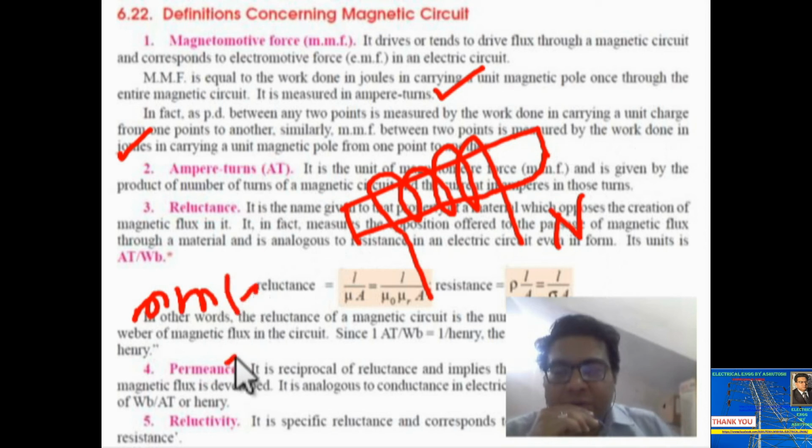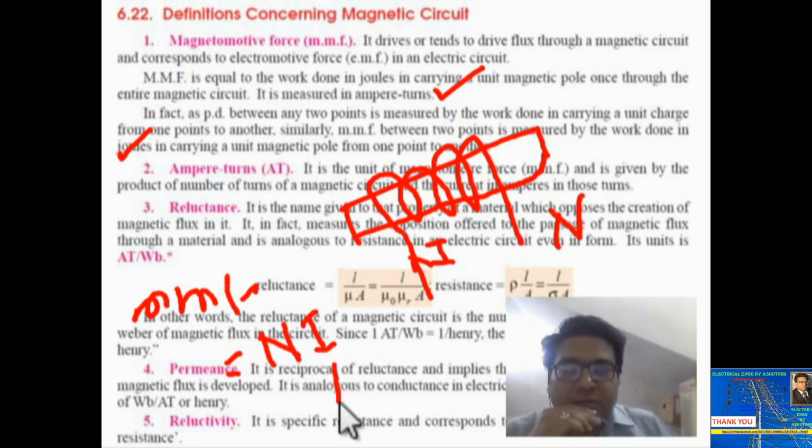If current I is circulated in this winding, MMF will be equal to N into I. This is the product of N into I, and the unit will be ampere turn. So what happens when current enters the windings? There will be an excitation phenomenon, and then flux will be set up in this core.